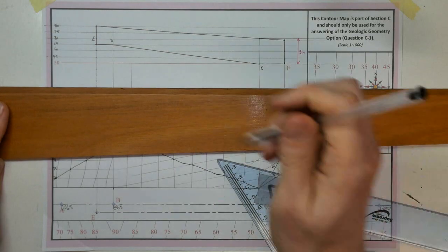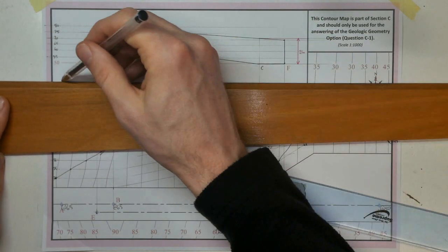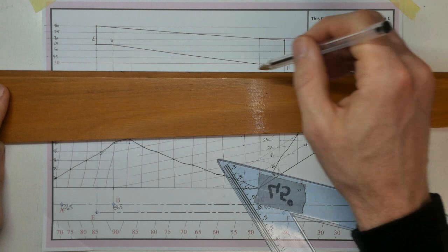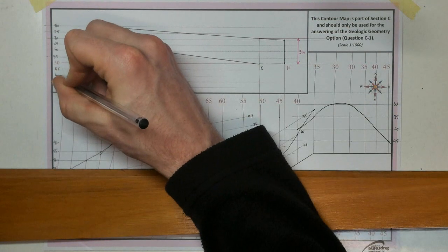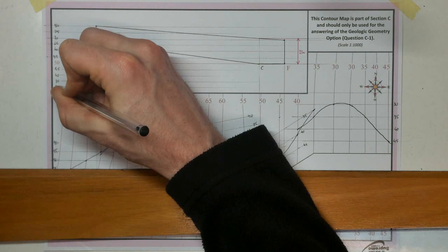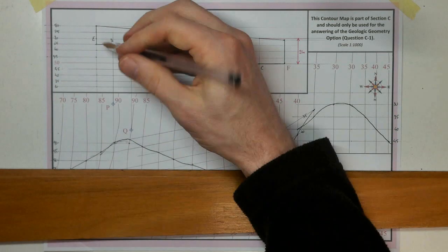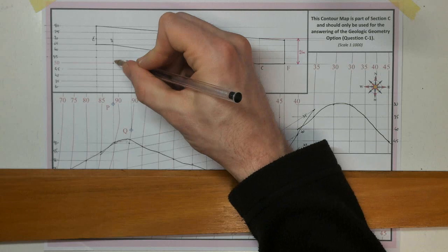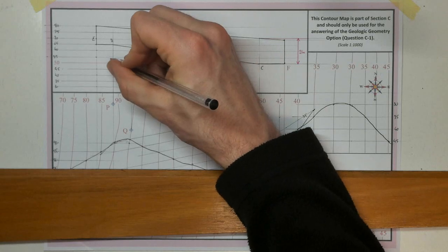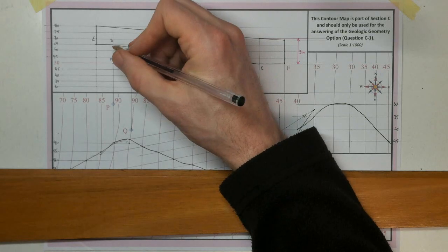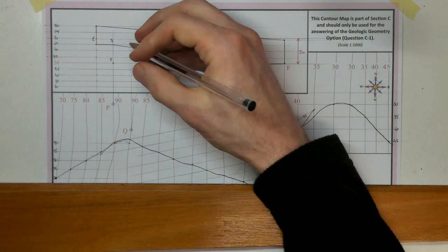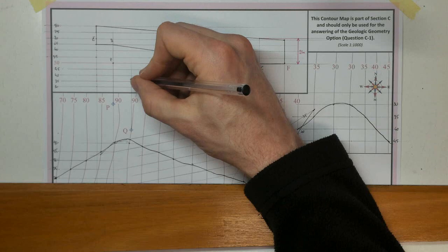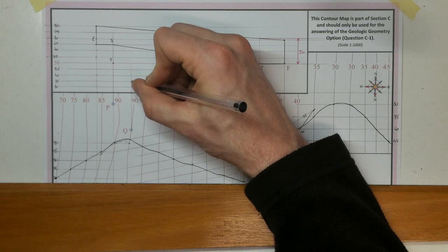So let's extend these height lines. P is at a height of 50, they told us. That's the head wall of our borehole P. Q is at a height of 35, so that's the head wall of Q.